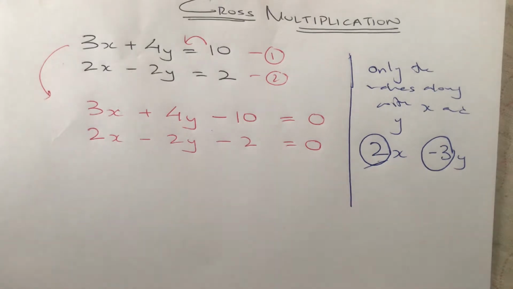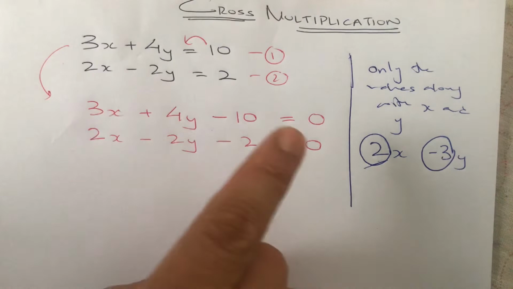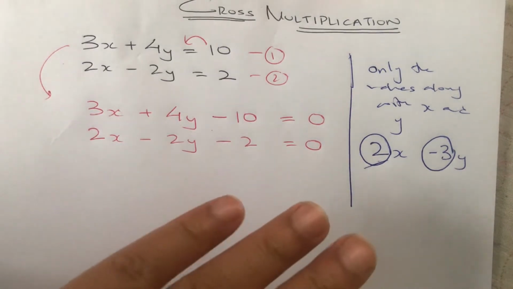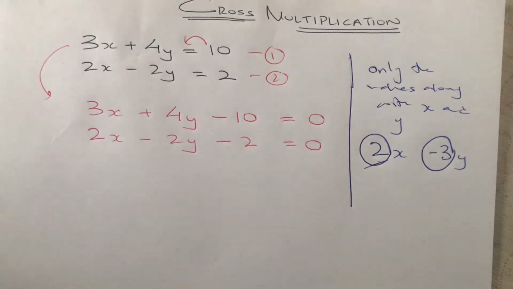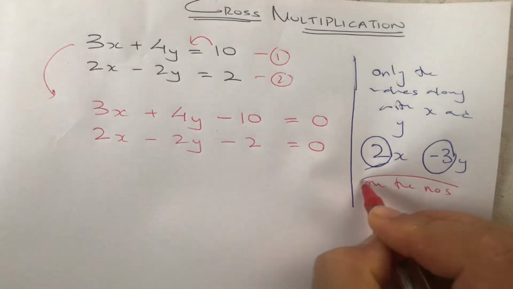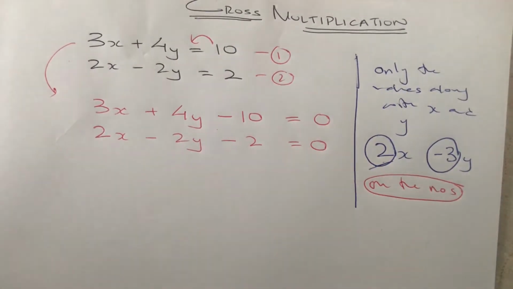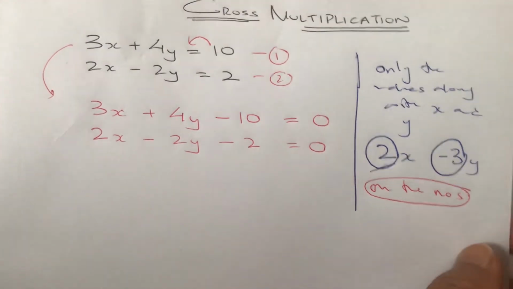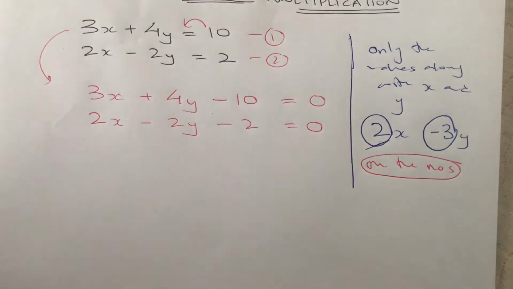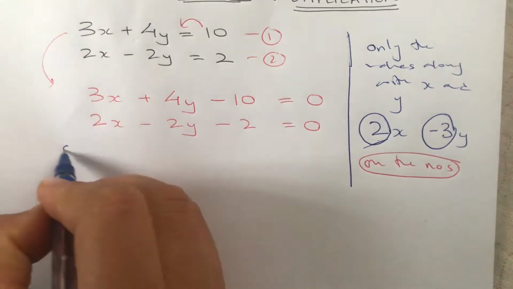So for each term, we will only focus on the coefficients, or the values along with x and y. That means our main focus will only be on the numbers, not on the variables. Before we name them, let's first focus on the coefficients.